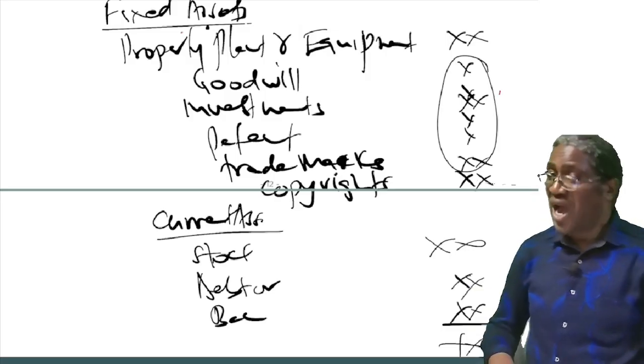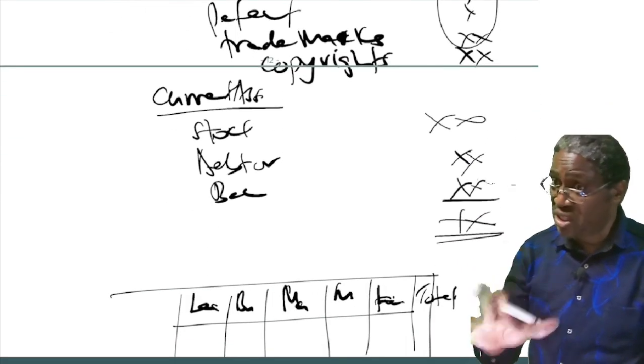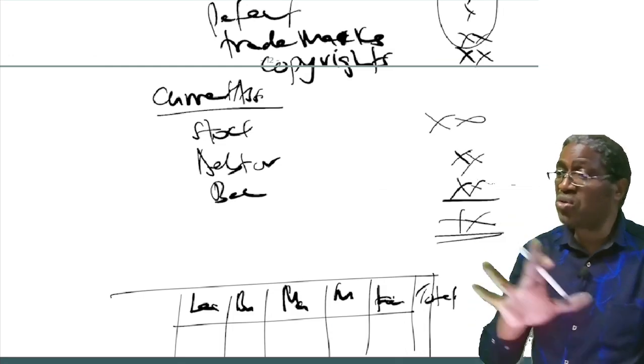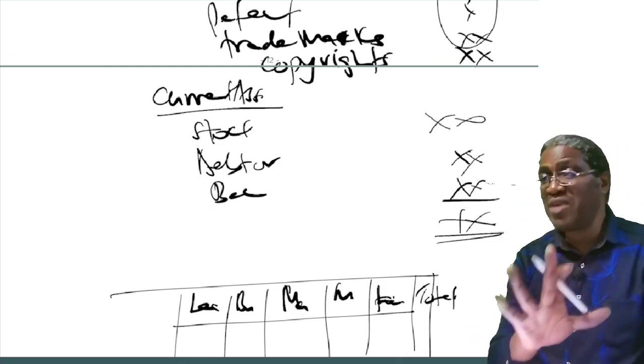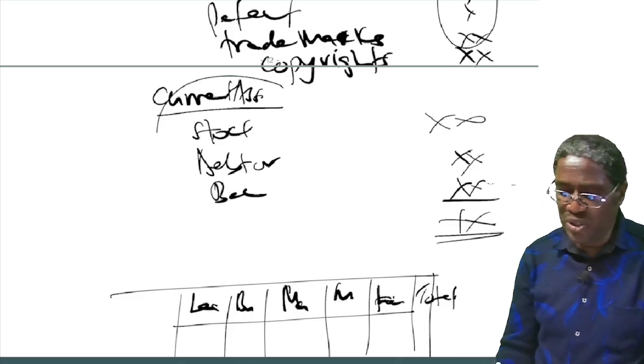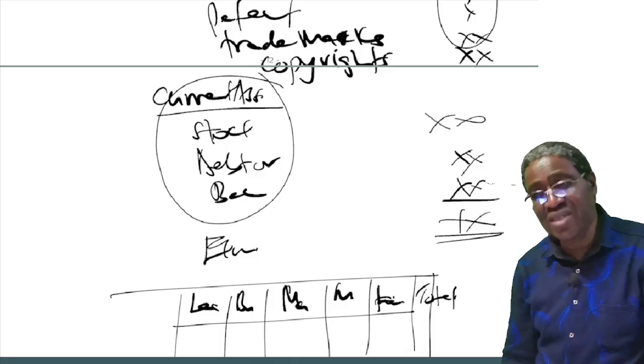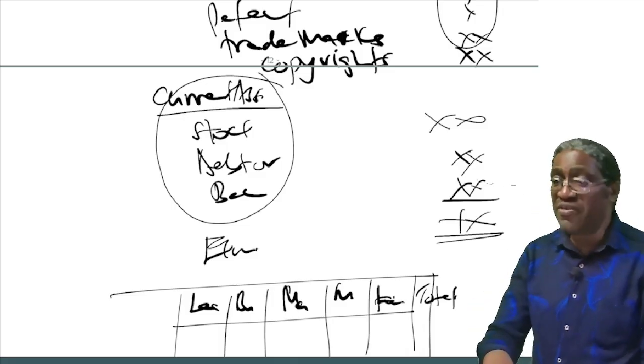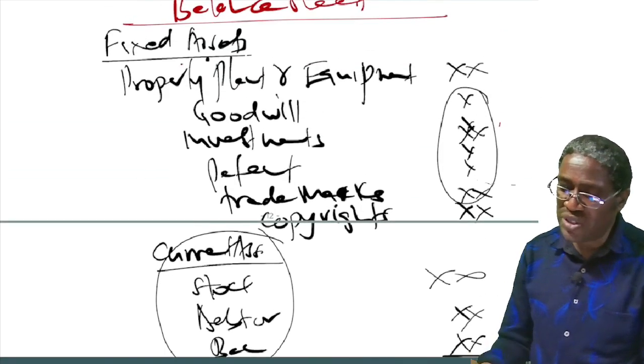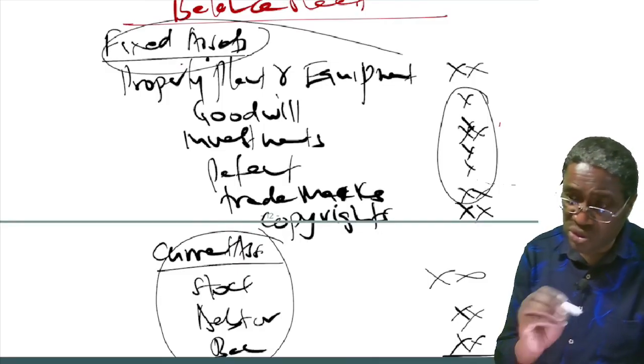Otherwise, the other sections of the balance sheet, even for publication, remain the same. How you present the current assets, the equities and the liabilities remains the same. The only difference is how to present the fixed asset section.